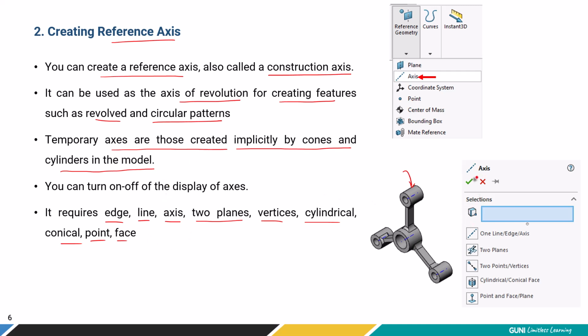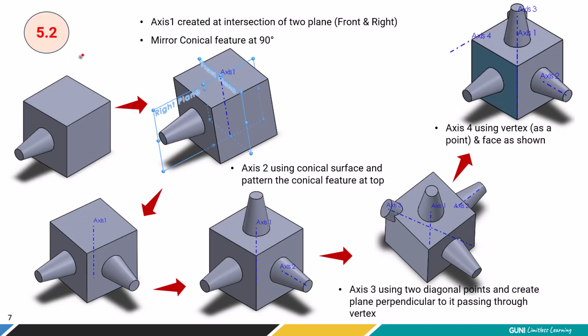Now under the reference axis property dialog box, you have 5 options which you can use to create the reference axis. With the help of exercise 5.2, we will learn how to create various axes. In this object, first I am going to create axis 1 using the front and right planes, and with the help of this axis, I am going to mirror this feature.